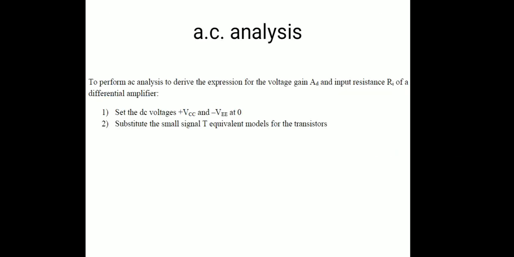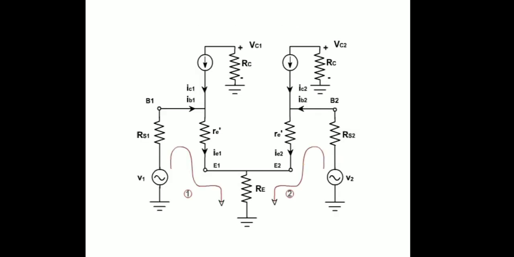Next is the AC analysis. In AC analysis, we set the DC voltages equal to 0, and by small signal T equivalent analysis, we perform our AC analysis. This is the circuit we are having for AC analysis, and these are the things that we'll be calculating out, like gain, input impedance.